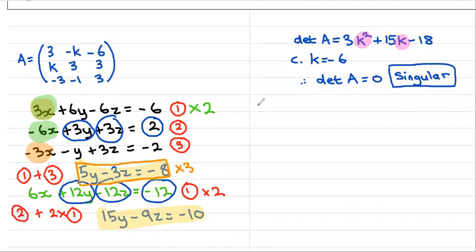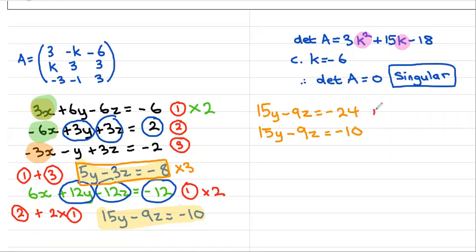Then we're going to get 15y subtract 9z is equal to 3 lots of minus 24. And then I've got 15y subtract 9z is equal to negative 10. So those are my two equations.